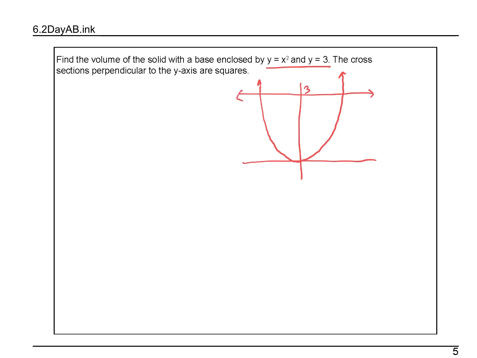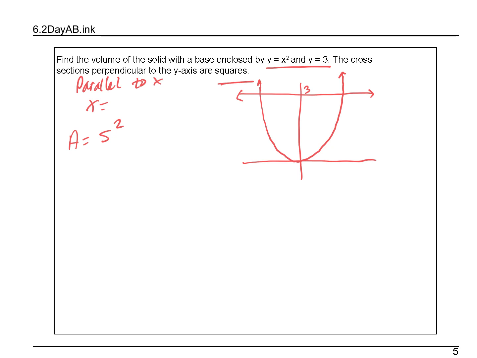So parabola, parent function, and a horizontal line. Cross sections perpendicular to y, parallel to x, are squares. So the area for a square is side squared.